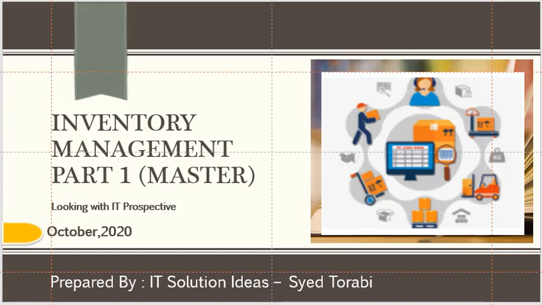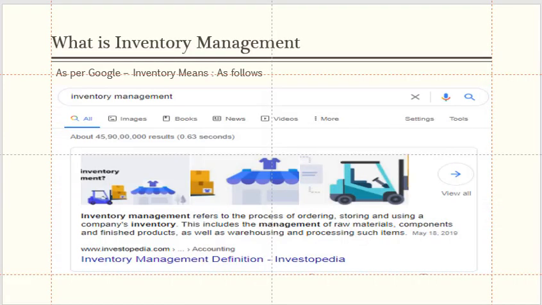As we live in the Google era, whenever you want to learn or know anything, we simply go and type that keyword into Google. If you type inventory management, Google gives a very descriptive definition with graphics: inventory management refers to the process of ordering, storing and using a company's inventory.